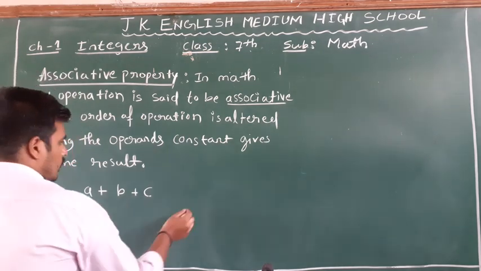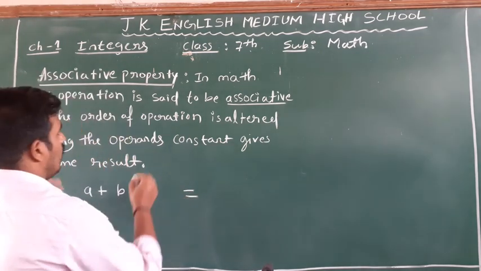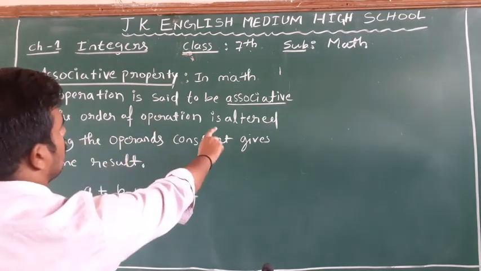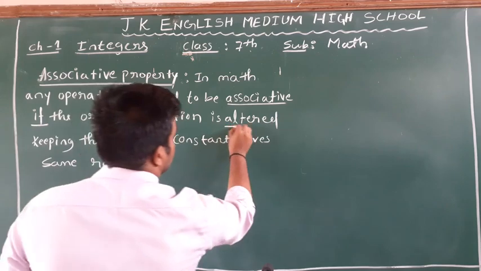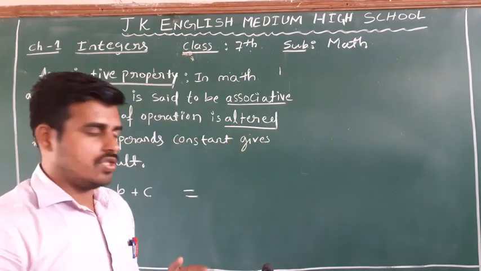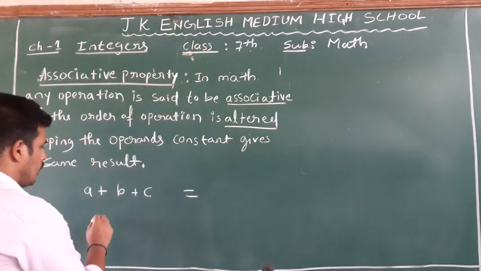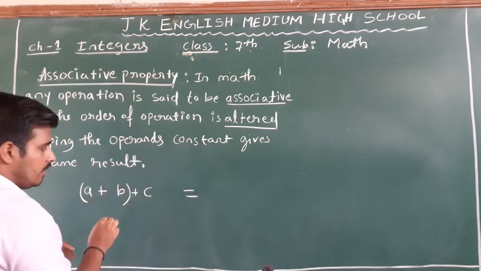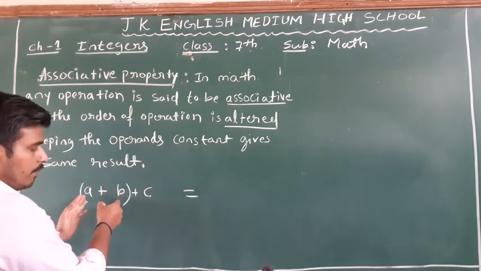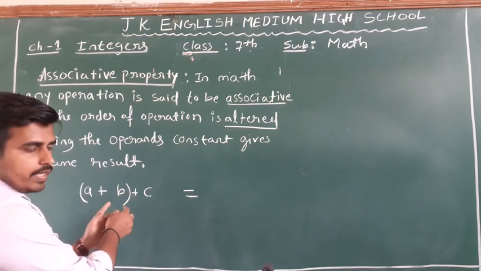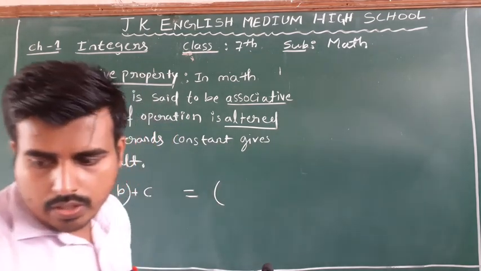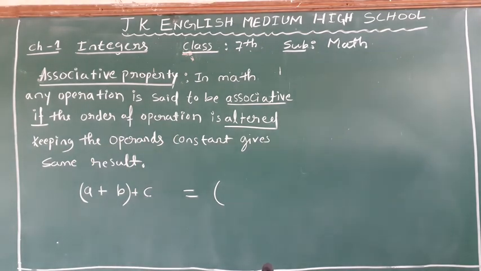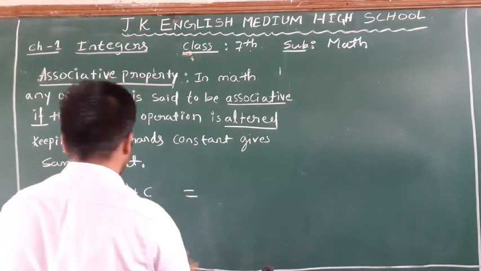Okay, so if you alter, what does it mean? The order of operation is altered means changed. Initially you are adding A plus B first, then you are adding C to it, is one order. Next, what you are doing?